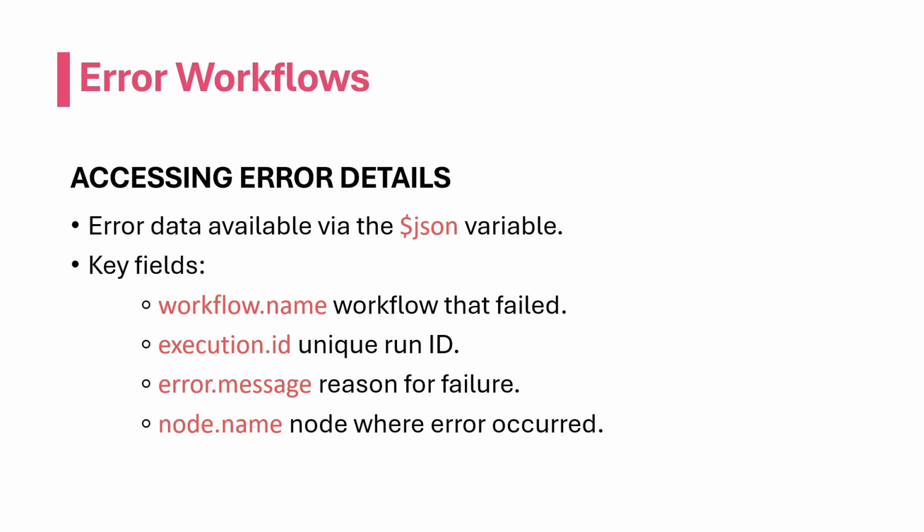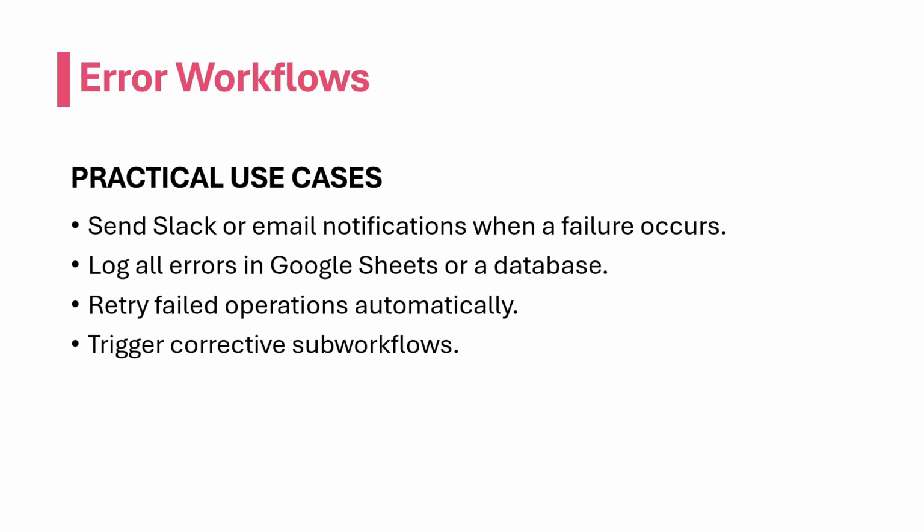Some key fields include the name of the workflow that failed, the node that caused the error, the error message, and the execution ID. You can use all these variables to send detailed and meaningful alerts. Here, I will also show you an illustration for it. Then we will see the practical use cases of the error workflows.